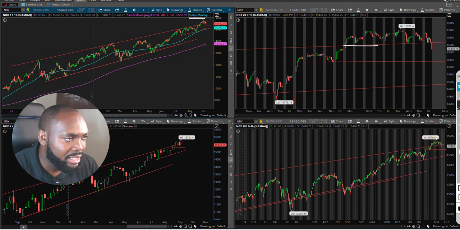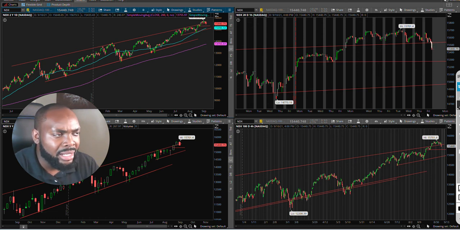We have this uptrend resistance level, which we were hoping would hold as support on the hourly level, but right before the market closed last hour, this thing just took out that level right there. So I'm pretty much looking for this to come down to the 15,300, which was a short-term support level before we broke out. And if that level holds, then we can look to get a base built here before we start moving back to the upside.